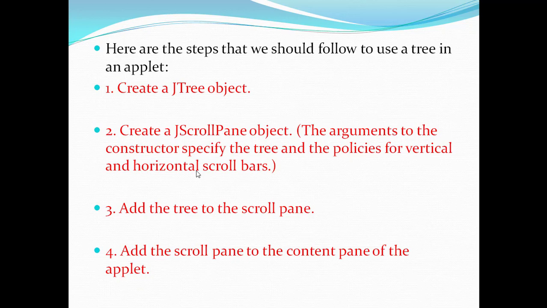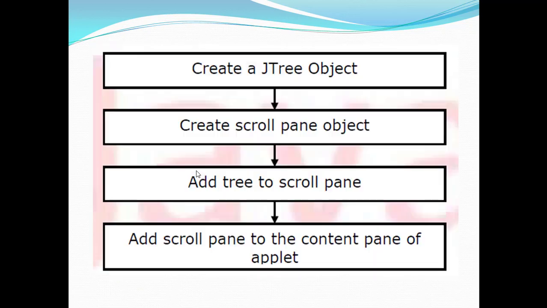Scroll pane provides a rectangular area. In that area we are adding the components, and here we are adding the tree component. Third step, add the tree to the scroll pane. Fourth step, add the scroll pane to the content pane of the applet. Like this, simple 4 steps we need to follow to use the tree in an applet.